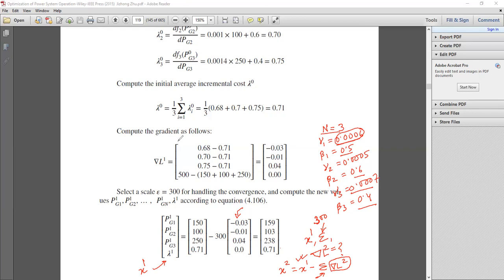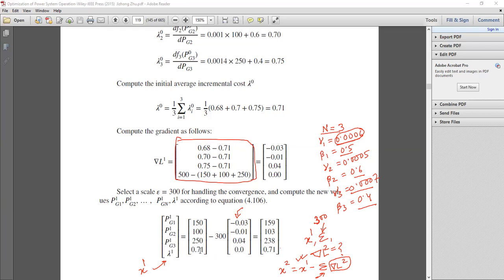Del L2 would be applying the same formula that is applied over here. Remember the lambda 1 value, which would also be needed. Lambda 1 is remaining at 0.71. Lambda naught was 0.71, and somehow lambda 1 is still 0.71 because there was no change.